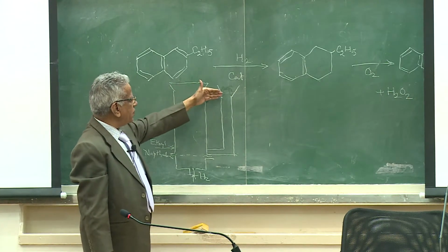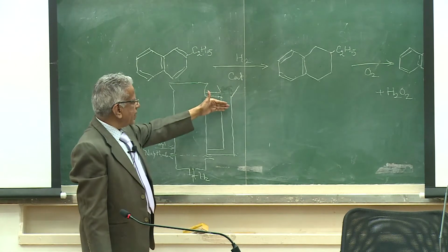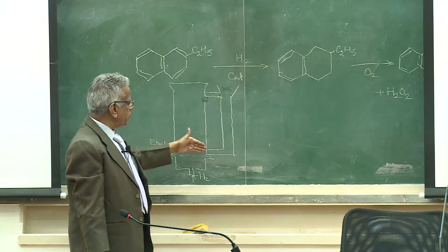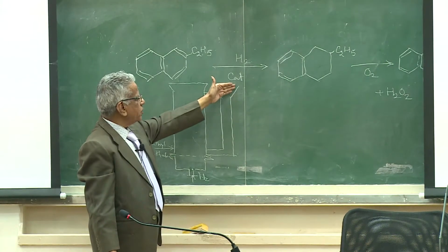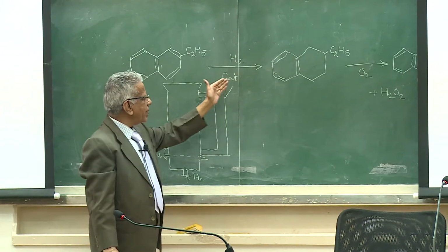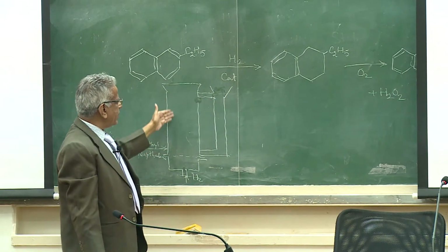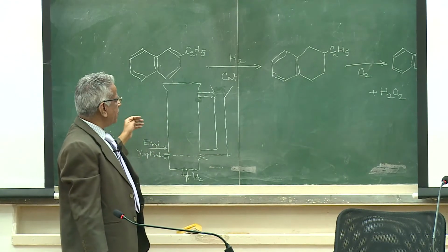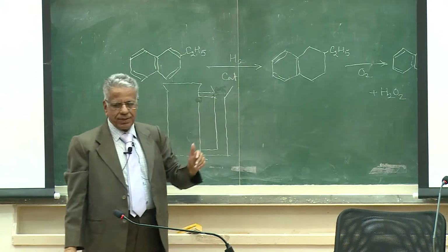When it goes out, the catalyst settles in the external pipe and goes back to the system, and only the supernatant, which is this product, goes out for further oxidation. So, the catalyst remains recycling in the system, what comes in is ethyl naphthalene, what goes out is the hydrogenated product, right.